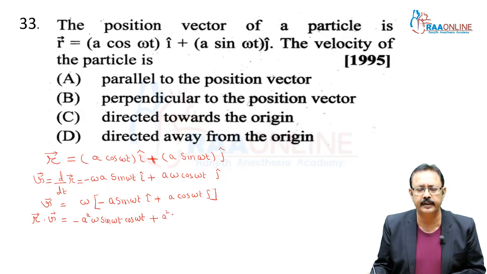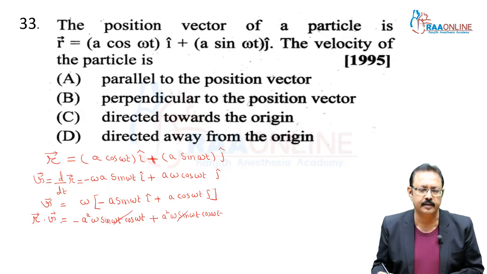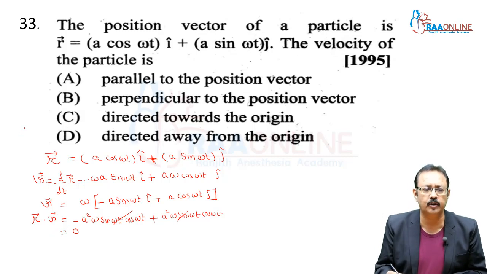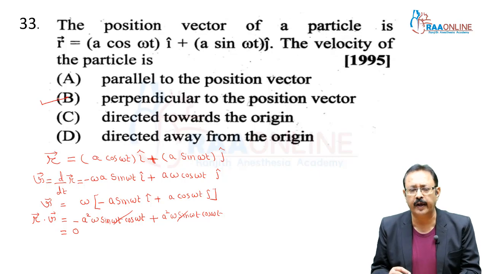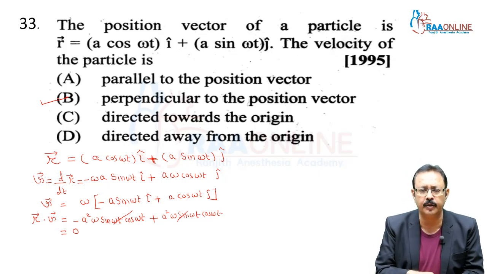Again we are getting A square omega sin omega t cos omega t. Both terms are equal but opposite in sign. Yes, they are giving us 0. So we are going with option B. Both vectors are perpendicular to each other.